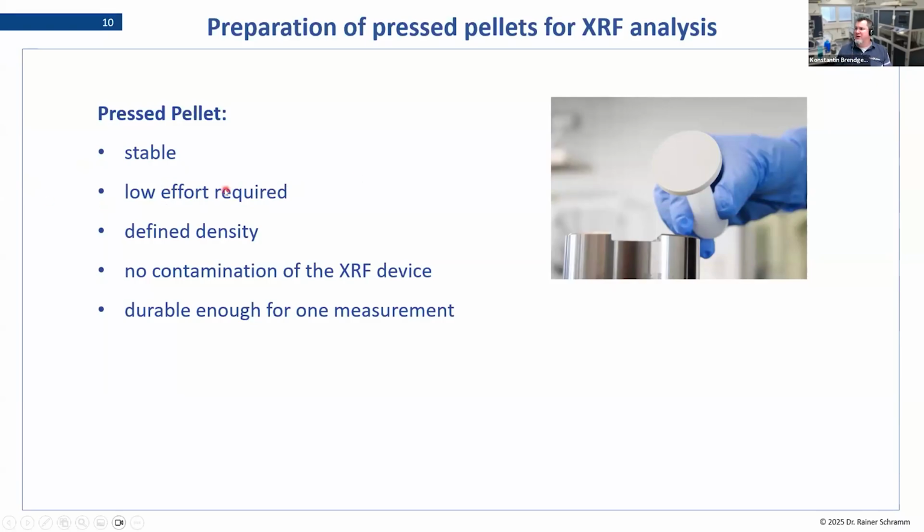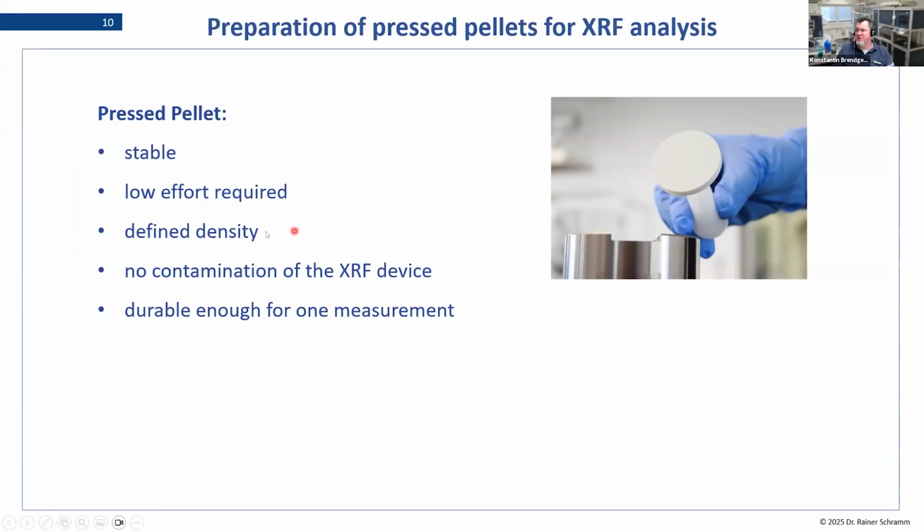It's really fast. I mentioned before, there are even automatic machines that do the milling and pressing in one step. So there are options for that as well. In our lab, we do it all manually. So we have the balancing, the mixing, and the pressing. But let's say one pressed pellet is 5 to 10 minutes in total. So it's quite fast.